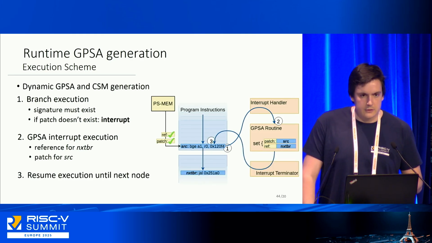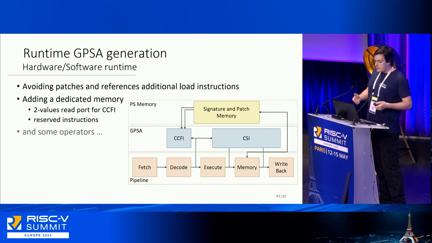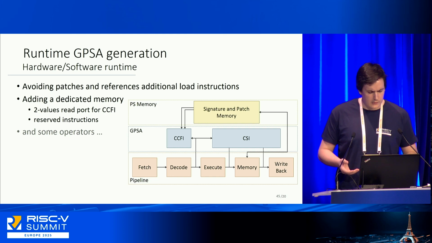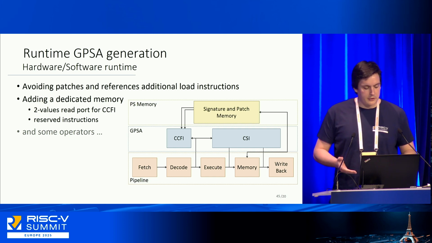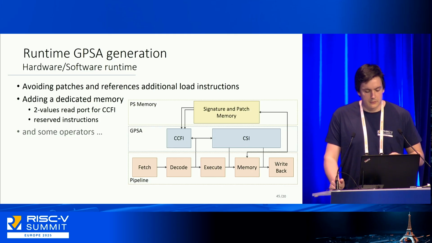Then the execution resumes with the needed values. This solution also requires a dedicated memory to store and manage the values generated by the routine, and some operators to accelerate the execution of the routine.